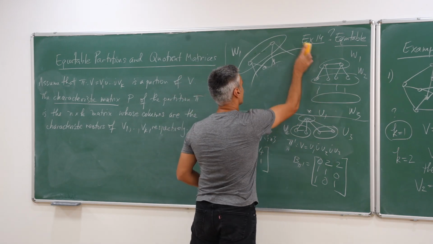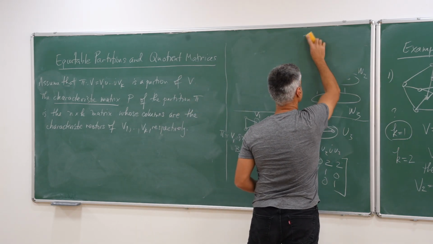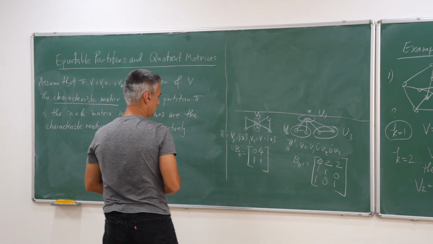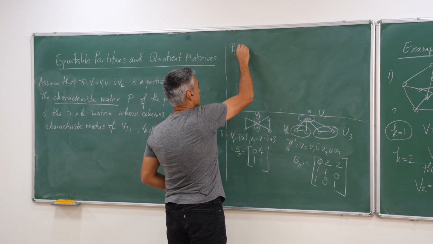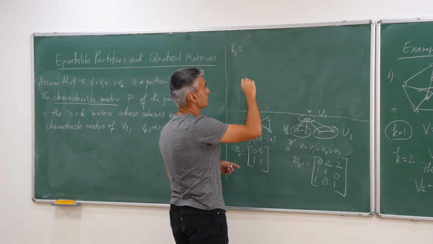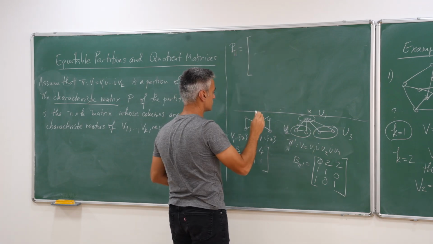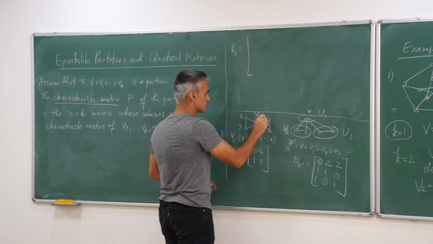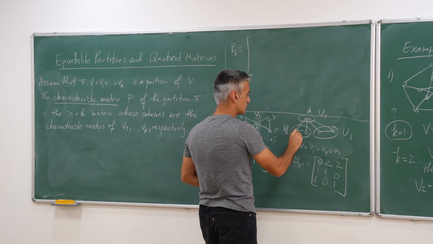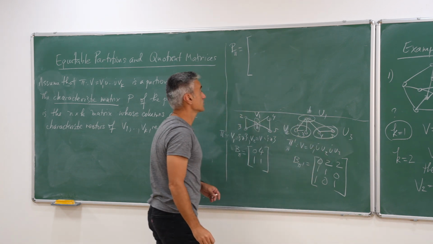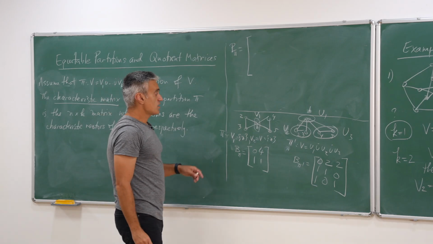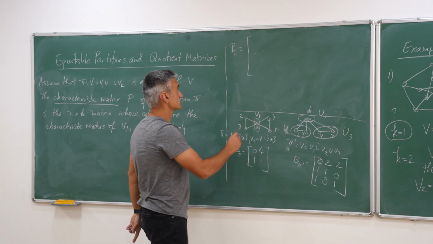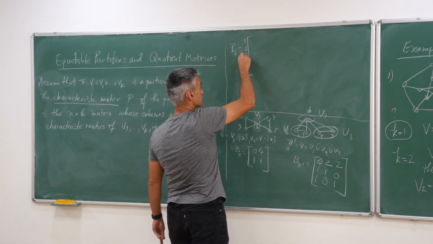And let me show you now this matrix P in each case. So P of pi is going to be a tall matrix. Here I have 5 vertices. And now maybe it helps me, I will change the name of these vertices. Let me call this 1, 2, 3, 4, 5. Now for pi, I have two parts, V1 and V2. So here I will have 1, 2, 3, 4, 5.